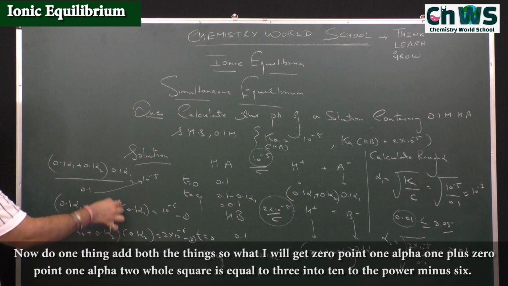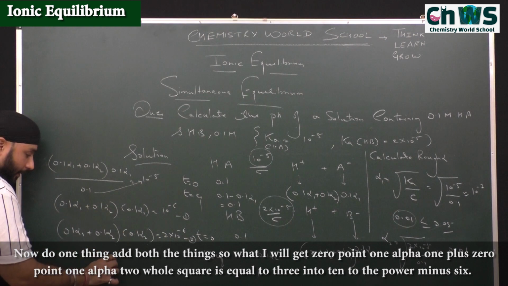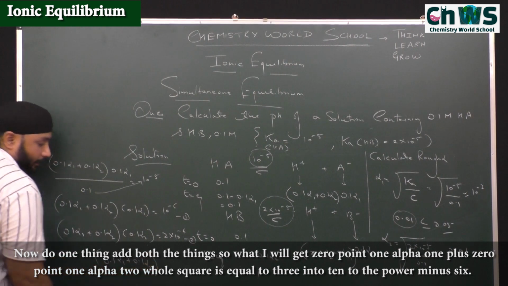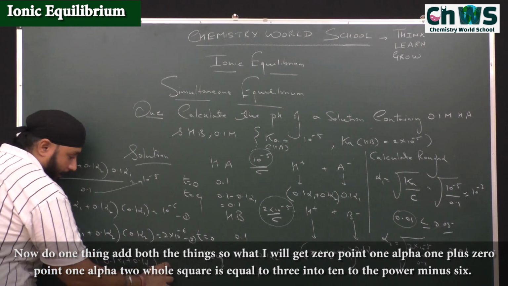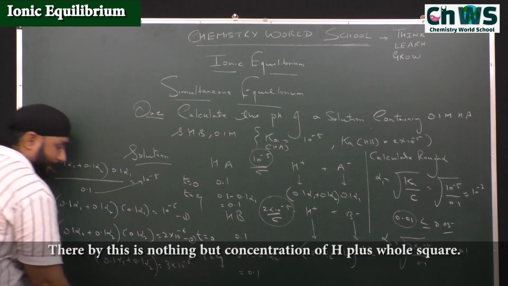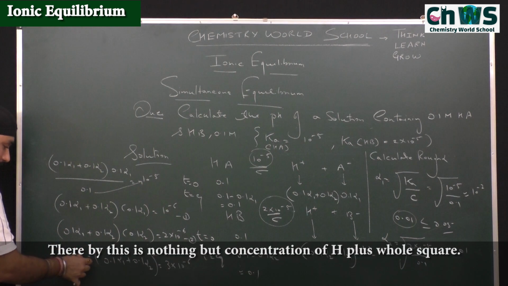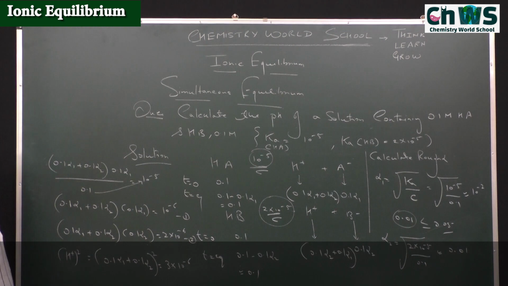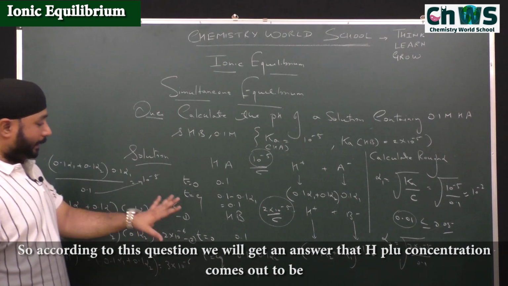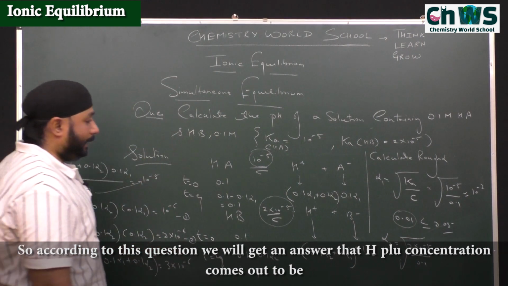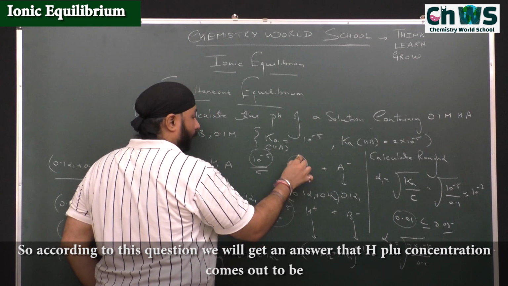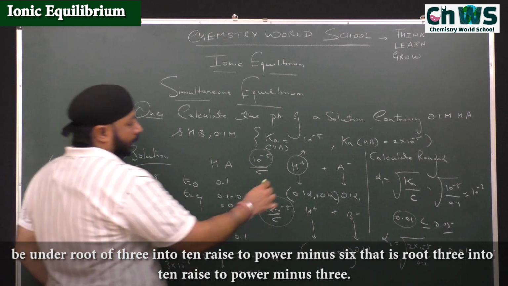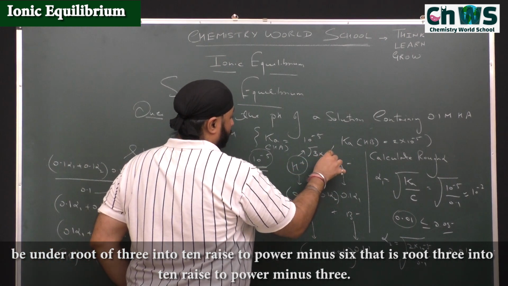Now add both the equations. What I get is (0.1 alpha 1 plus 0.1 alpha 2) whole square equal to 3 into 10 raised to power minus 6. This is nothing but the concentration of H plus whole square. So according to this question, the H plus concentration comes out to be the square root of 3 into 10 raised to minus 6, that is root 3 into 10 raised to power minus 3.